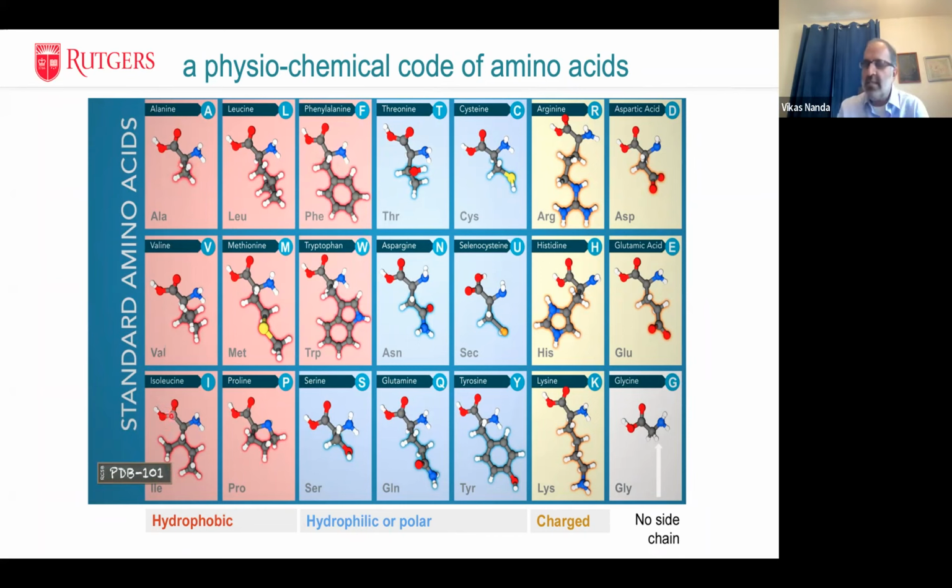They don't like to interact with water, and they're often found on the inside of proteins. If I were to substitute one hydrophobic amino acid for another, that would generally be considered a conservative or neutral mutation. Similarly, for ones that are hydrophilic that like to interact with water, and then there are amino acids that are charged. So we can use our understanding of the physical properties of amino acids to guide the kinds of changes. And in some cases, maybe we do want to change the chemical character at a specific position, add a charge somewhere, or remove a charge somewhere.